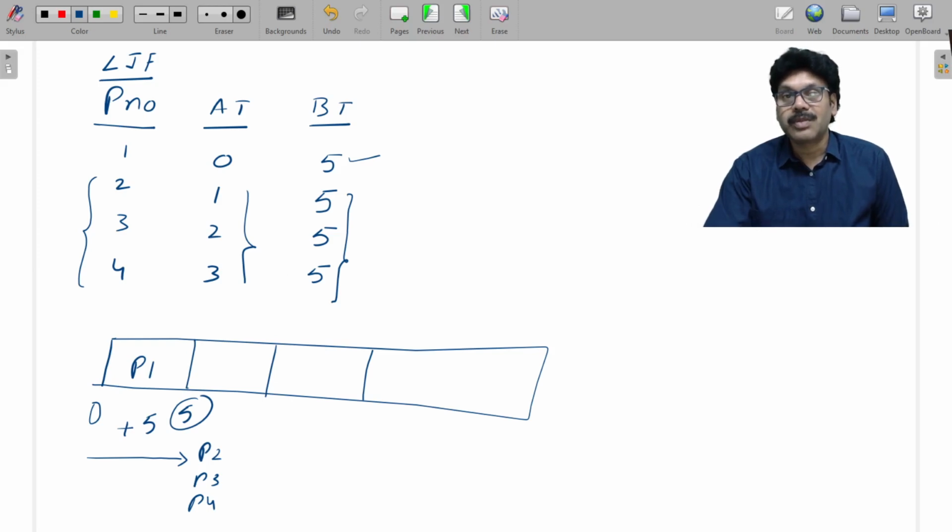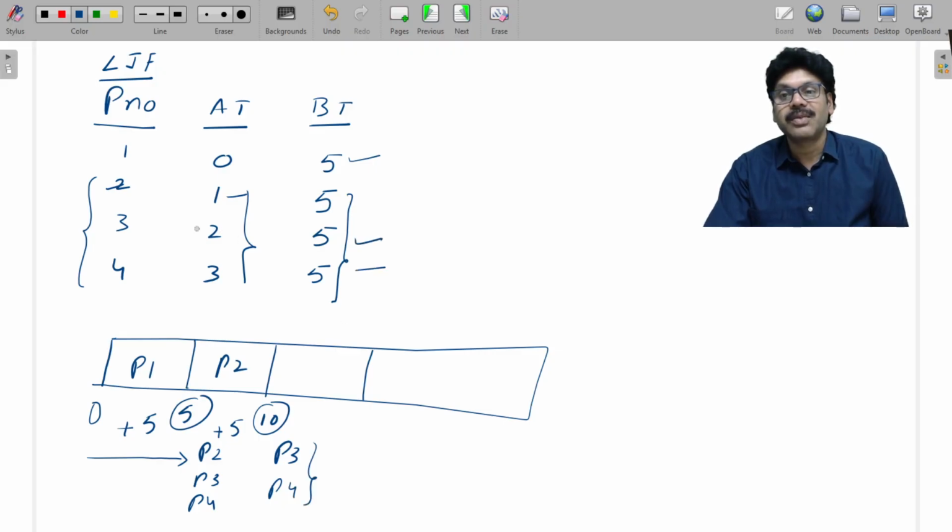Whenever burst times are the same, we need to choose the lowest arrival time job, which is P2. So P2 is executed for another 5 units of time. Then for P3 and P4, their burst times are also the same, so we choose the lowest arrival time job, P3, and afterwards the last job is P4. This is how to solve if the burst times are the same.